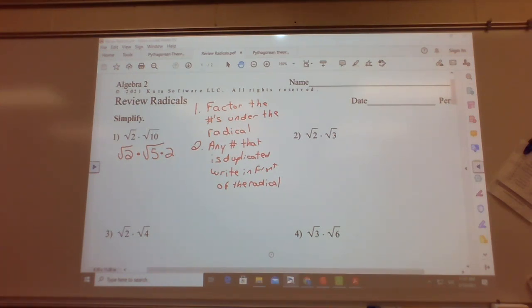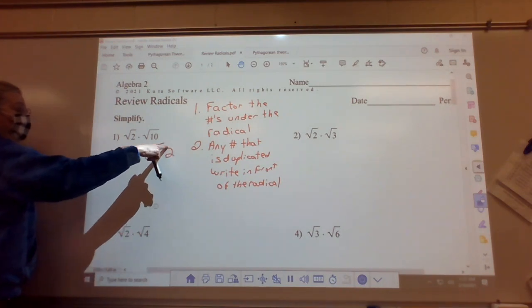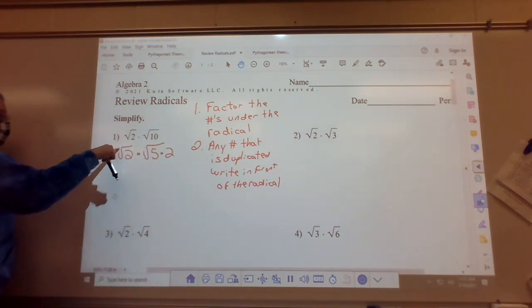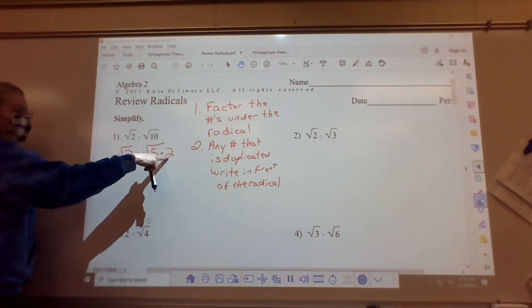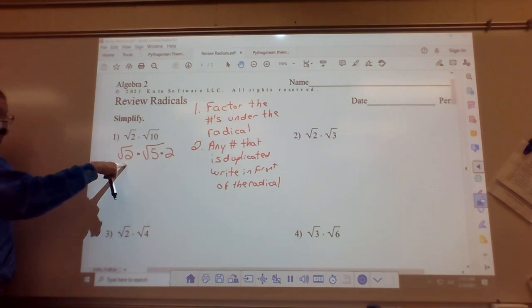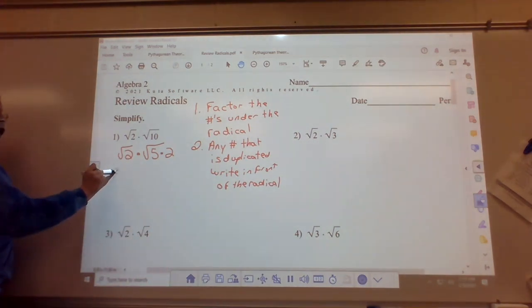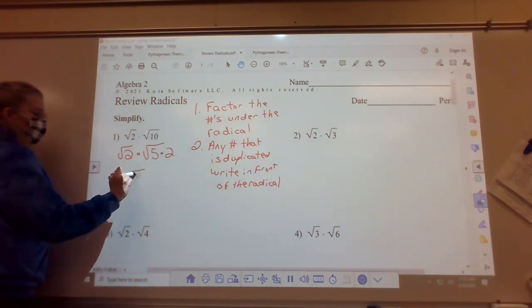So on this first problem, I've got a 2, a 5, and a 2. I'm looking at all of the numbers underneath the radical, no matter which radical it is. Do I have any numbers that have a duplicate number? 2. So therefore the 2, I'm going to write in front of the radical. And then anything left over just stays under. So what's left over? 5 is going to stay under.